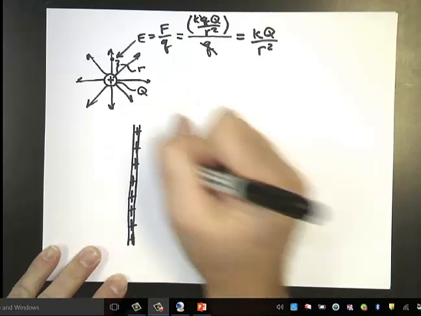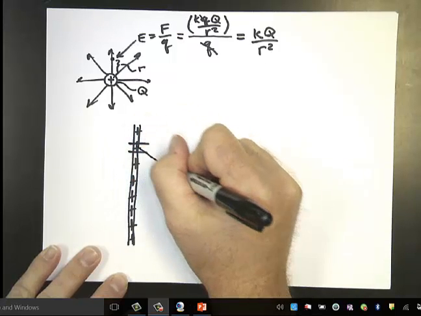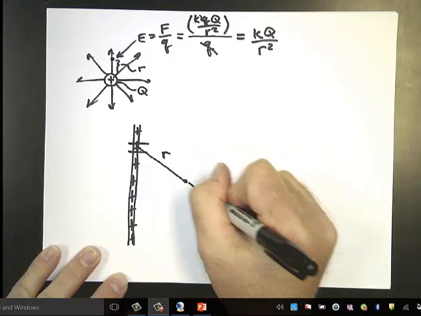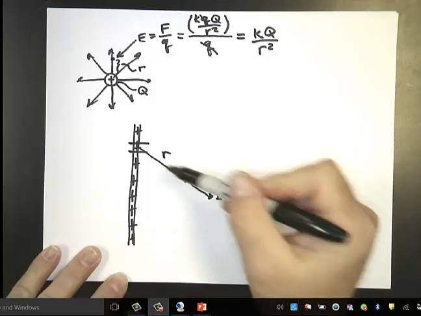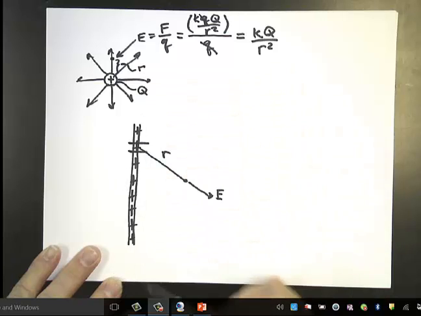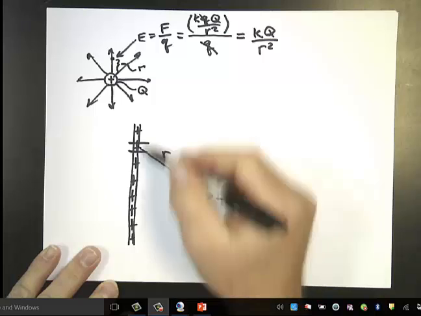So in other words, like Miss Stoughton would, I'm going to break this up into a bunch of little segments, call that r, figure out what E is right there, and add up all those E's from maybe infinity this way to infinity this way, and we can find out what the field strength is due to this long line of charge.